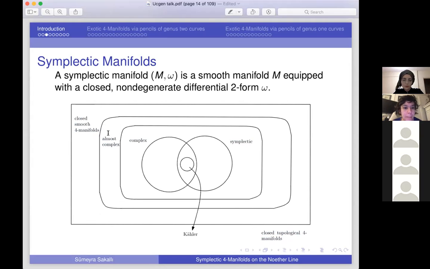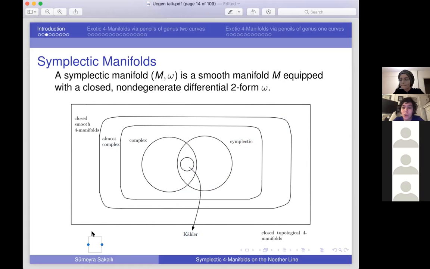Inside smooth manifolds, we have almost complex ones. Inside them, we have complex surfaces, which are complex 2-dimensional but real 4-dimensional manifolds. We also have symplectic 4-manifolds. Complex surfaces and symplectic 4-manifolds have non-empty intersection. For instance, we have Kähler manifolds lying in this region.